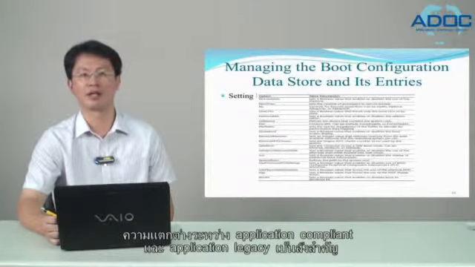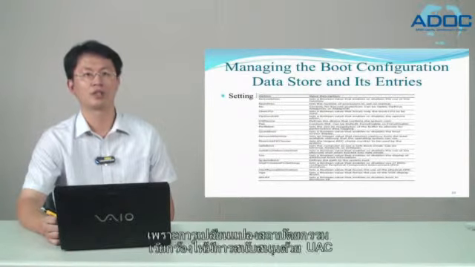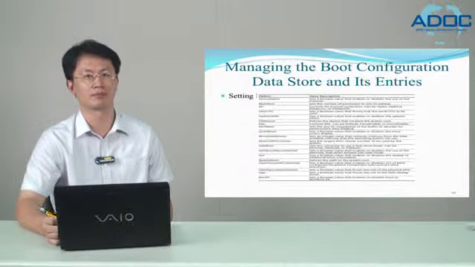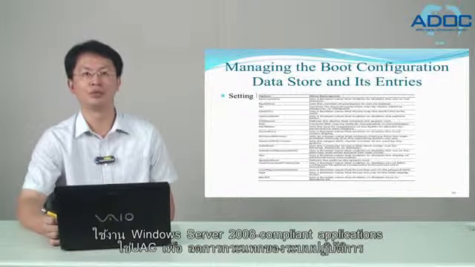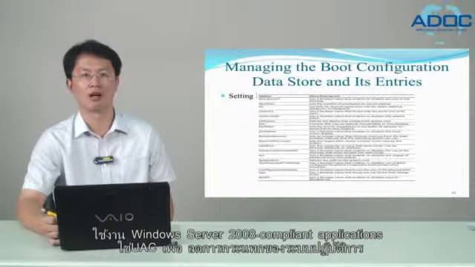Distinguishing between compliant and legacy applications is important because of the architecture changes required to support UAC. Windows Server 2008 compliant applications use UAC to reduce the attack surface of the operating system.